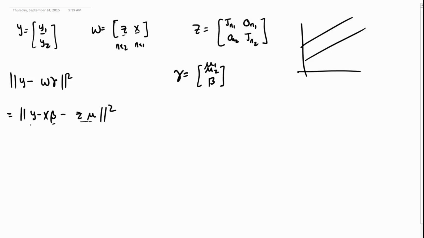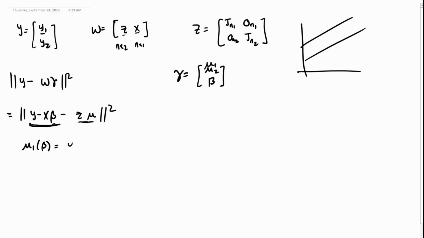Well, if beta is held fixed, that's just a vector, and this is just the two-way ANOVA problem that we discussed previously. Remember that the solution worked out to be the mean in group 1 and the mean in group 2. So the estimate for mu1, as it depends on beta, has to be the mean of this vector right here.